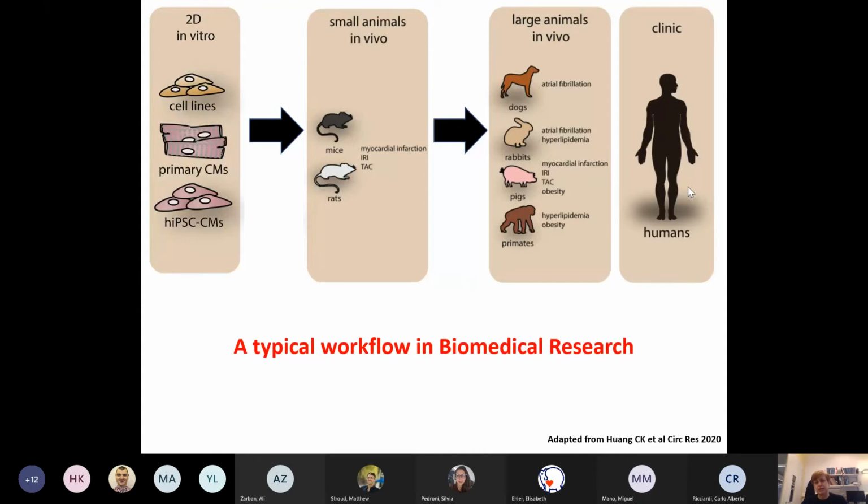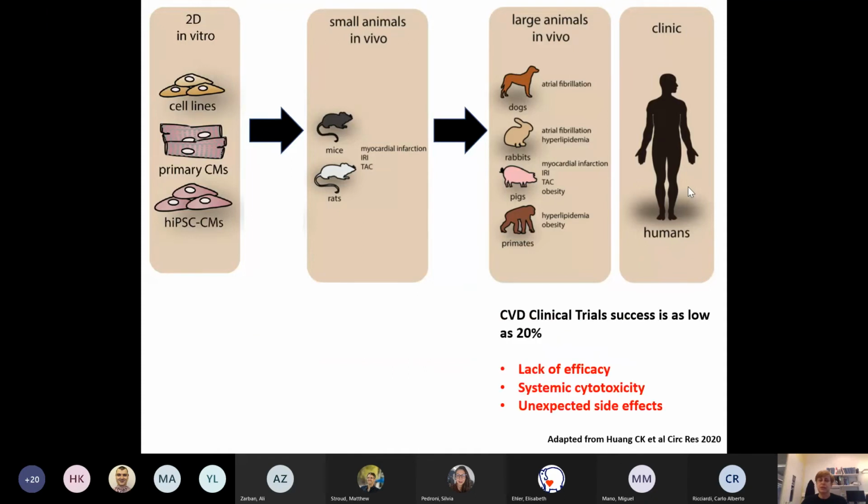And then the really robust preclinical data would be carried over to studies in large animals, and eventually druggable targets will enter the clinic for tests in humans. Now, the sad reality is that cardiovascular disease clinical trials have a low success rate, about 20%. And in most cases, they fail due to lack of efficacy, systemic cytotoxicity, and also unexpected side effects.